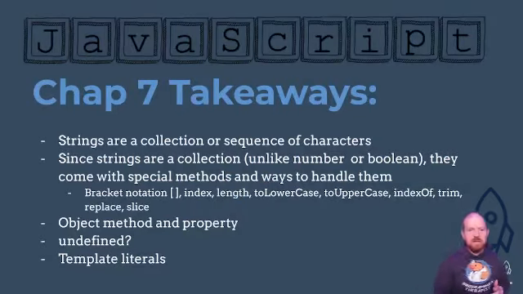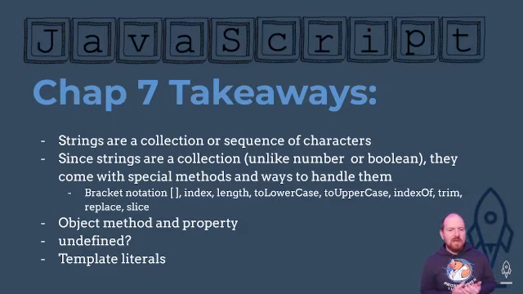So chapter 7, some big takeaways here. Strings are a collection. They're a collection of characters, and that's how the computer analyzes them. Since strings are a collection, they come with special methods. And because they're also objects, they come with other methods, such as bracket notation, just like you use on collections. You can use indices in those bracket notations to figure out which index character you want.